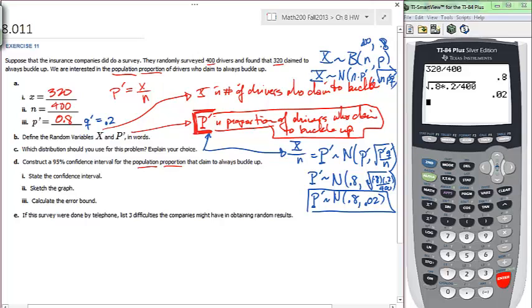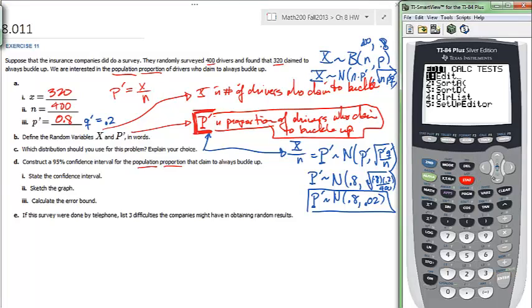Alright, now they ask us to construct a confidence interval, a 95% confidence interval. I'm just going to go directly to the calculator for that. So in our calculator, we're going to press our stat button and go to tests. Last time we looked at the z interval and the t interval.